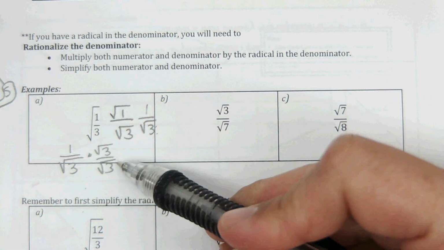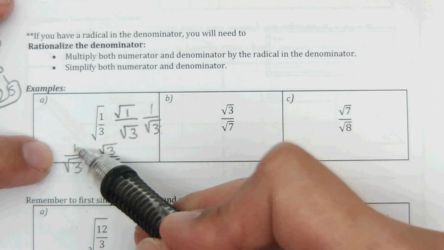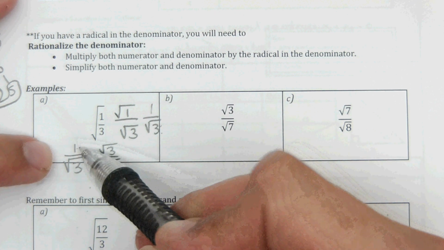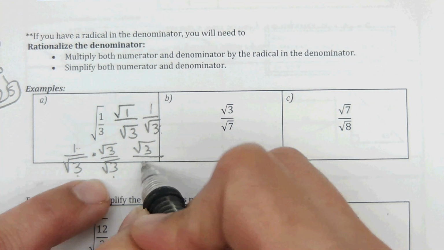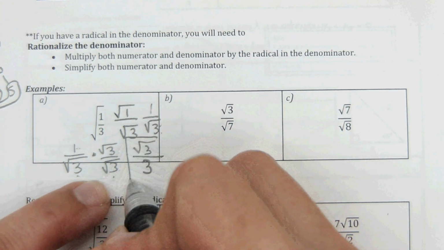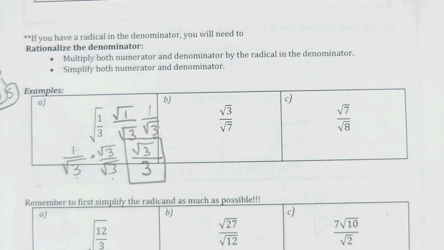So the trick to get rid of that radical as a denominator is we multiply this by square root of 3 over square root of 3. So square root of 3 divided by square root of 3 is just 1, so we're multiplying this whole thing by 1. But what it does is 1 times square root of 3 gives us square root of 3, and then square root of 3 times square root of 3 is just 3. So this doesn't have the radical as a denominator, and it's simplified.